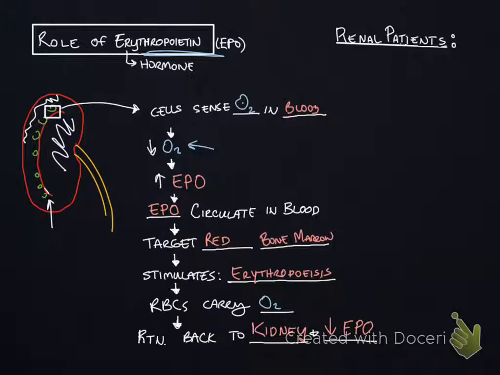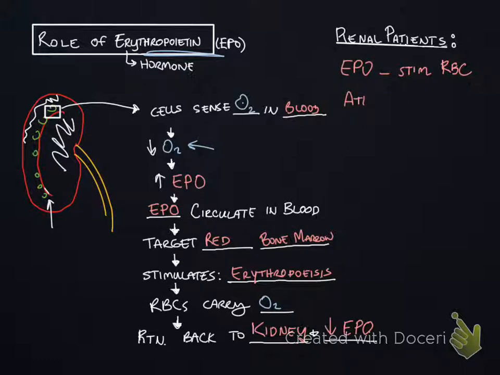Renal patients, people that have kidney disease, will be given EPO to stimulate red blood cell production and increase their red blood cell mass, because if their kidneys are damaged, they're not able to sense O2 levels.